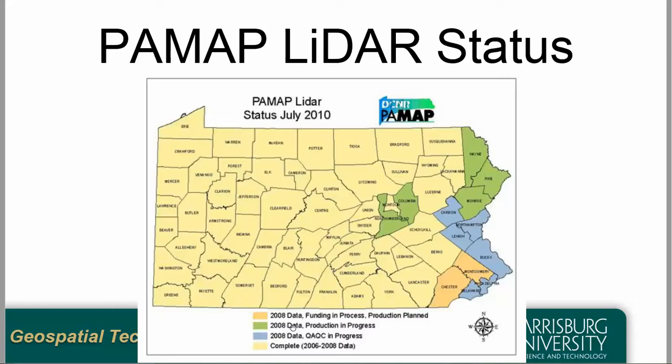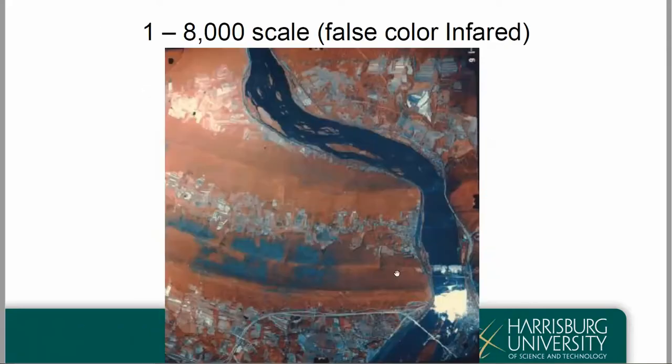This was run through 2008, and so the last data we have for the state of Pennsylvania was finished in 2010. Other counties like Dauphin County, where Harrisburg is located, just had its own LiDAR data flown not too long ago, just about a year ago.